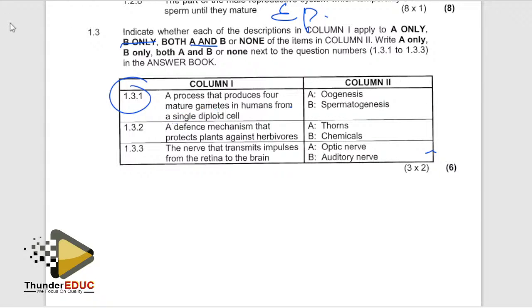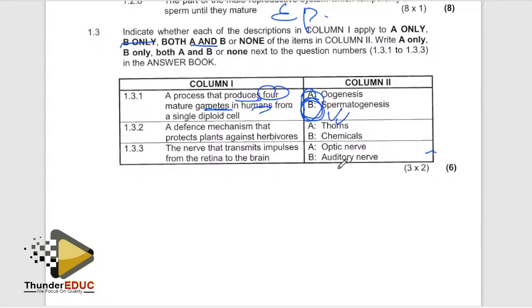That's where most people got lost because they thought it produces gametes. Obviously, it's both A and B, people. That's where they're happy. Unfortunately, no, because they said 4 mature. Therefore, it becomes B only because the mature ovum is 1.